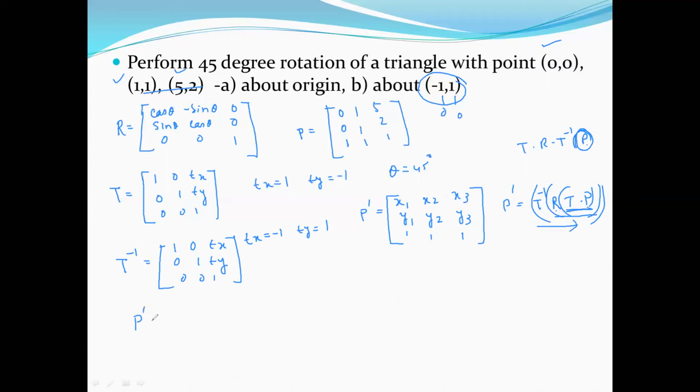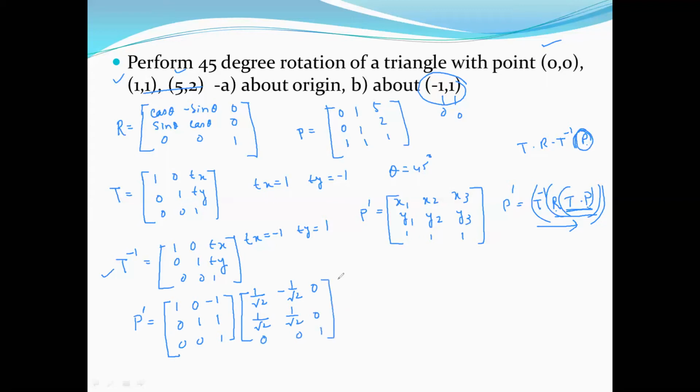So my final P dash will be something like that. I am writing T inverse: [1 0 -1; 0 1 Ty (which is 1); 0 0 1]. After that I have to perform the rotation: cos 45 degree, [1 by root 2, minus 1 by root 2, 0; 1 by root 2, 1 by root 2, 0; 0 0 1].